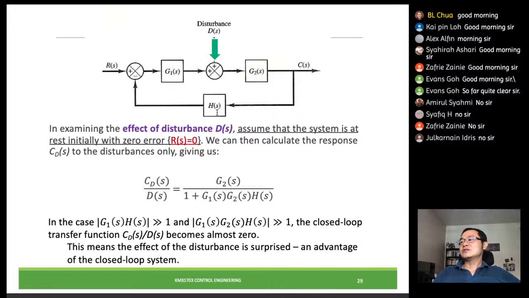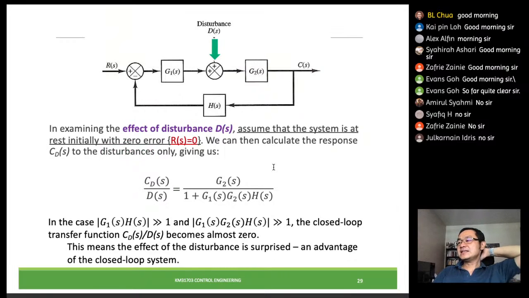So when, let's say this is a series, this will be minus H multiplied by G1, and this minus we can transfer here, then it will be G1H. So eventually we have G2 divided by 1 plus G2 multiplied by H multiplied by G1. So this is our response due to the disturbance itself, only the disturbance.